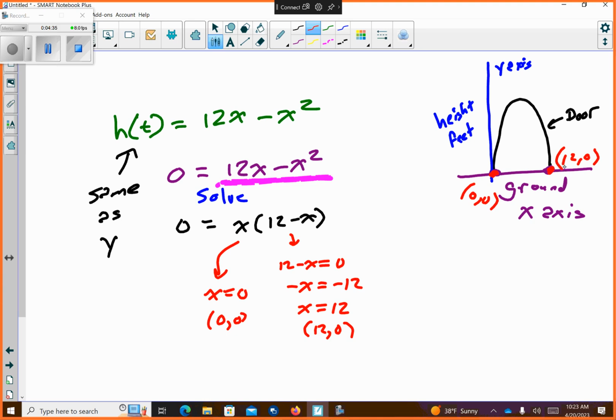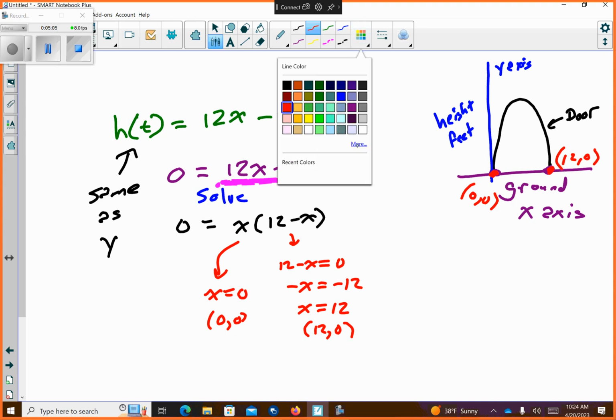Does everyone feel comfortable so far? Notice I didn't make things real fancy. We have some information here: this door happens to look like a parabola. It is what it is.